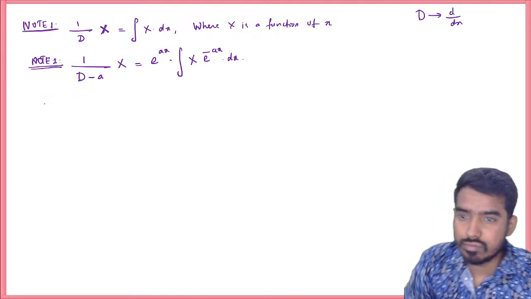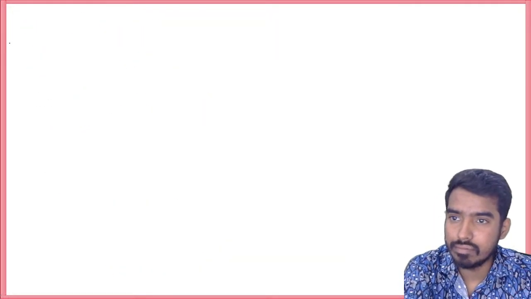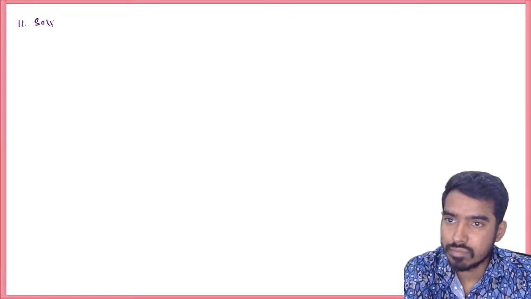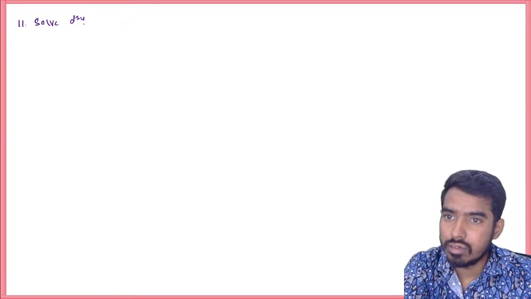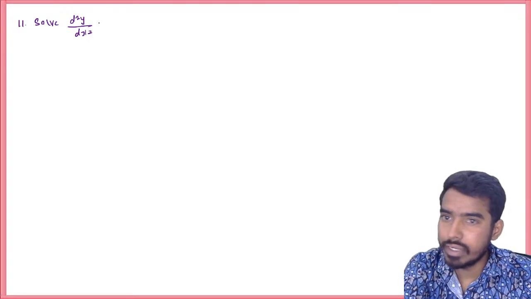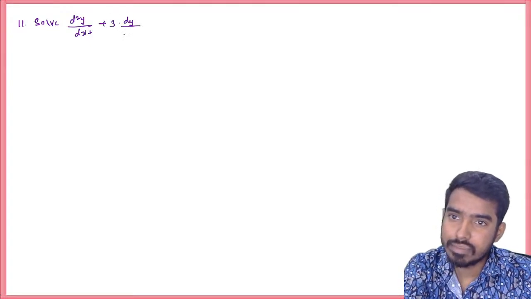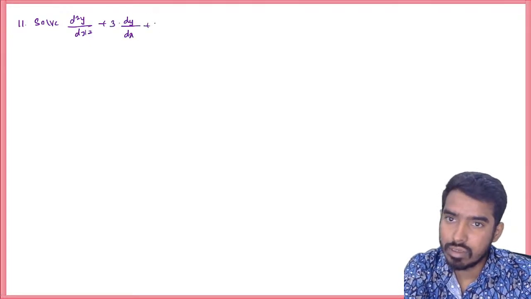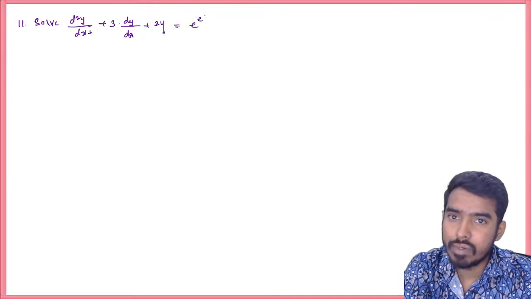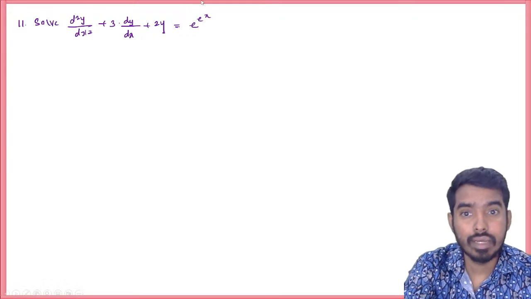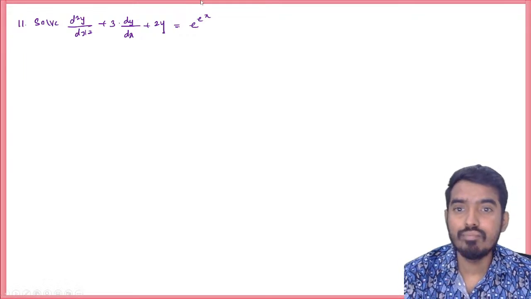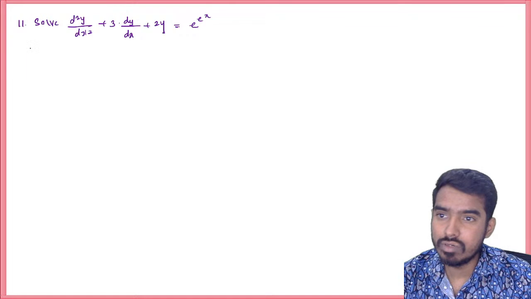Solve the 11th problem: d square y by dx square plus 3 times dy by dx plus 2y is equal to e power x. We have e power x, so we'll do this.